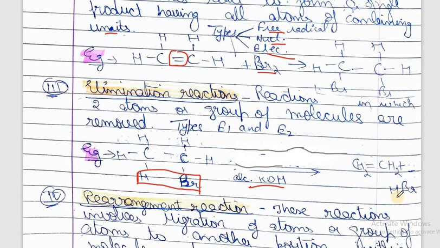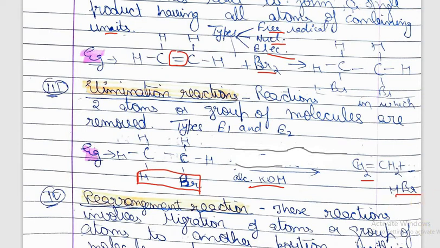So this HBr is eliminated. Elimination reactions are reactions in which some small molecules are removed. In this particular example, when an alkyl halide is treated with alcoholic KOH, we get an alkene and HBr.